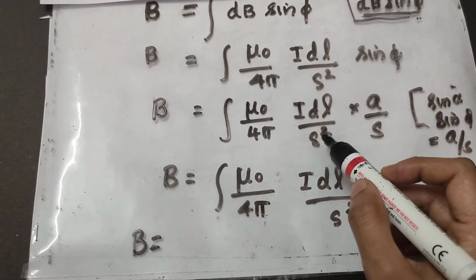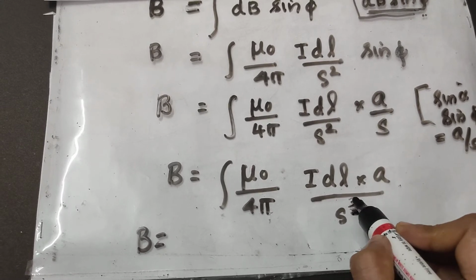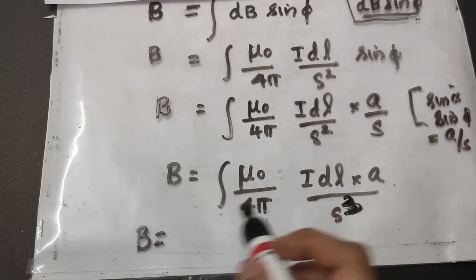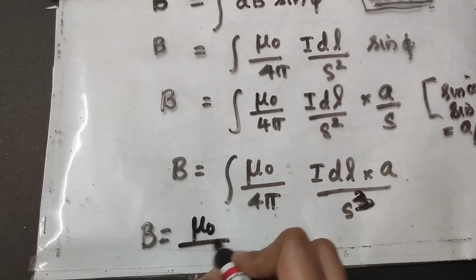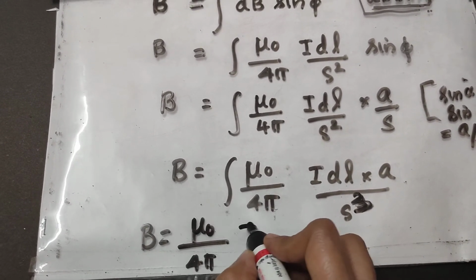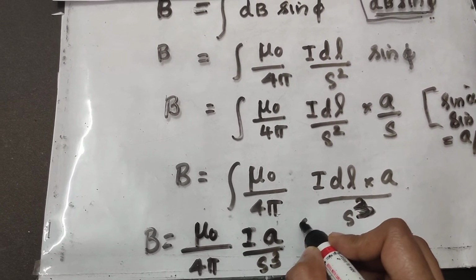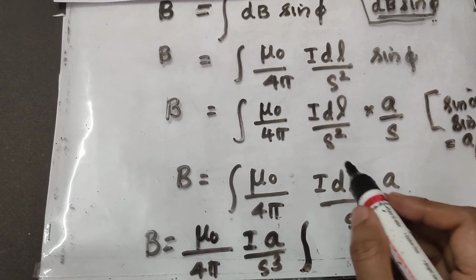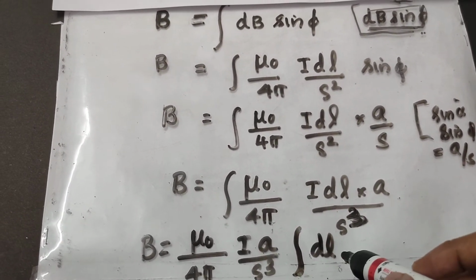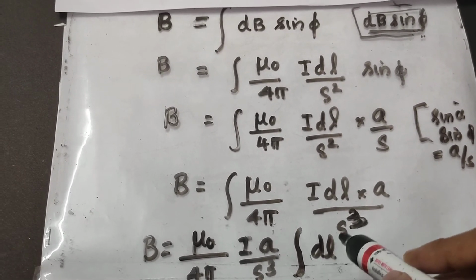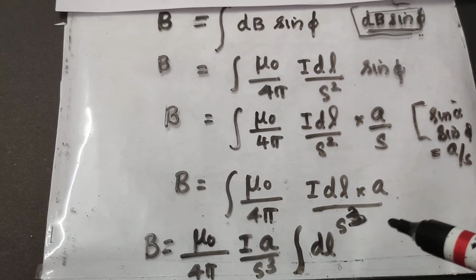And one more thing here, s² into s is s³, not s². So it will become μ0/4π · I a/s³. Then the remaining is ∫ dl, that is the length of the current element, which is the only varying term, so we integrate with respect to that.